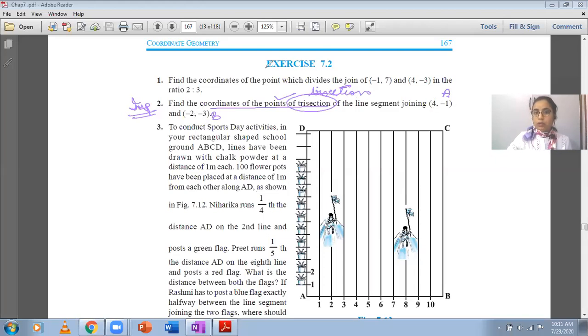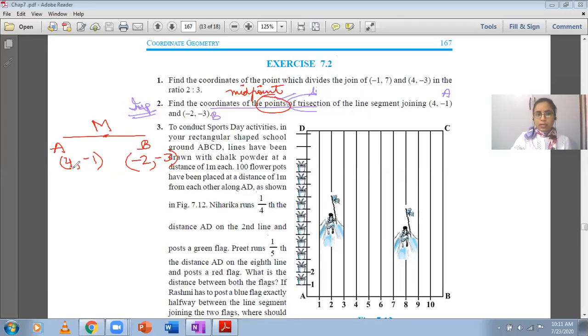So that would actually mean that the point you have to find will be the midpoint. And the simple formula for finding the midpoint is, if we have A as 4, comma minus 1 and B is given as minus 2, comma minus 3, and you want its midpoint, let's say it's M, it would have been really simple.